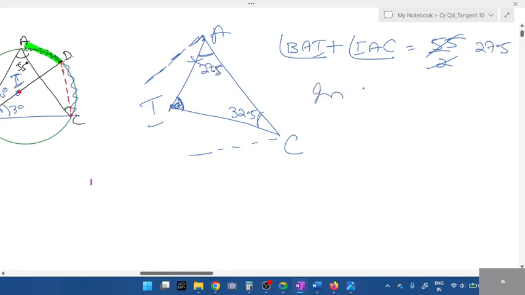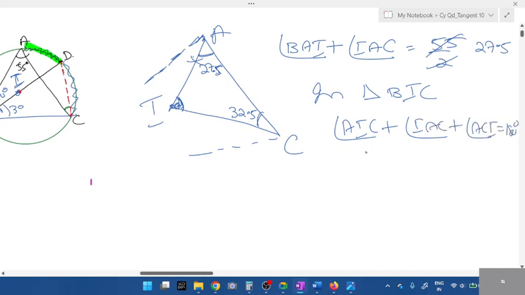Now write in triangle BIC. Don't assume this as an isosceles triangle. That center is not related to the circle question. In triangle BIC, write all the three angles. AIC plus IAC plus ACI is equal to 180. So AIC is what we need, plus IAC. What is IAC value, students? 27.5.